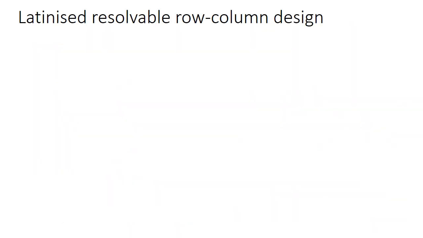In the resolvable row-column design, treatments are optimized across rows and columns within each block or replication. We can also optimize the treatments across blocks. This is known as Latinization. If the blocks are laid out along rows, we can do row Latinization.